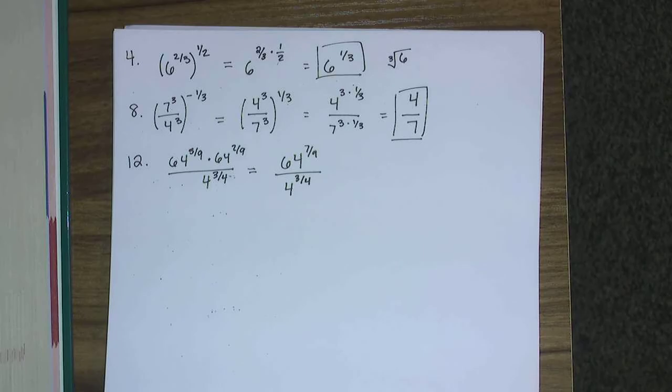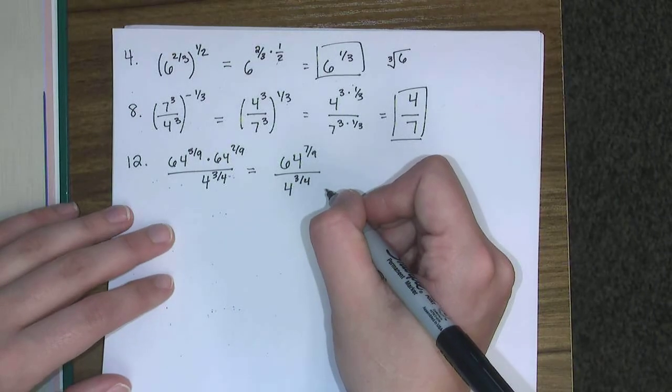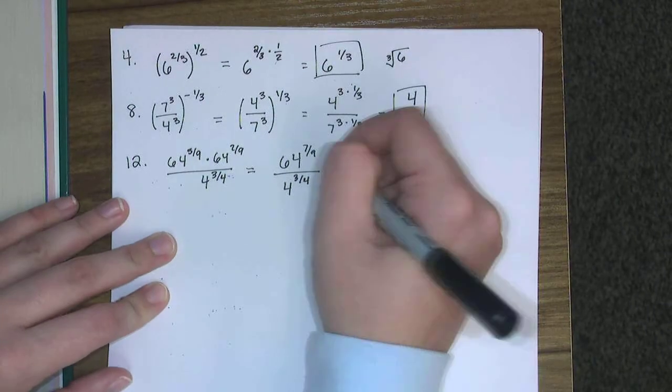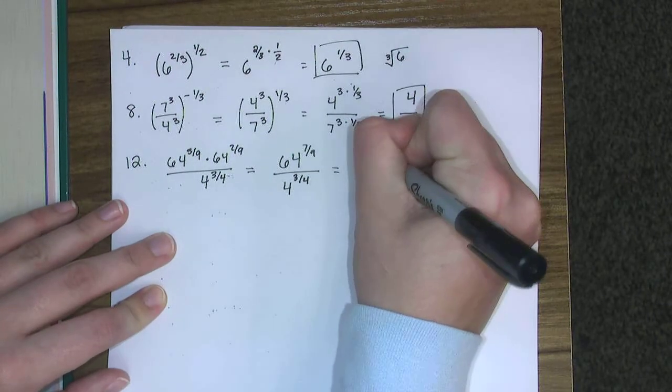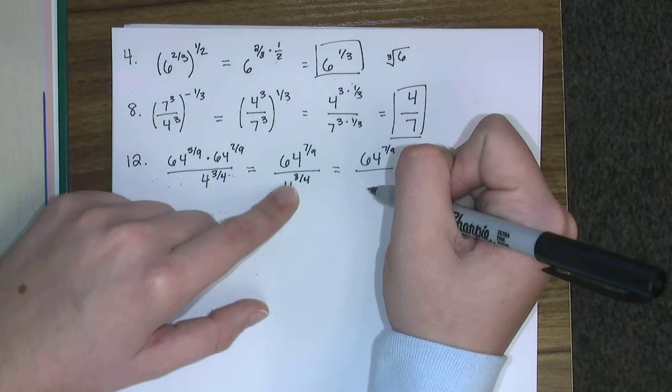4 cubed, 4 times 4 is 16, times 4 is 64. That could be helpful. So I can maybe rewrite this one down here as 64 to the 1/4. So 64 to the 7 over 9 over, remember, 4 cubed, 4 times 4 is 16, times another 4 is 64 to the 1/4.